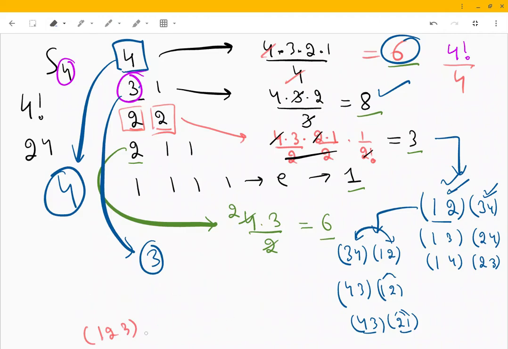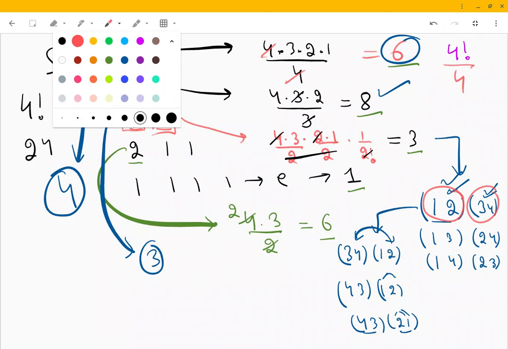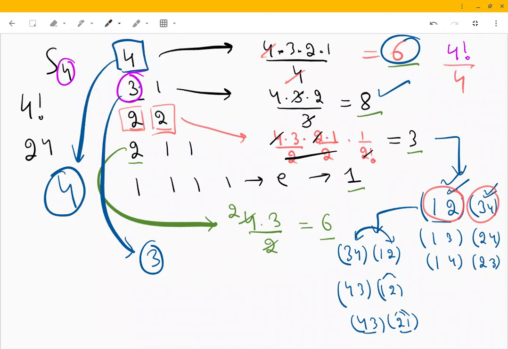Now order, these are 2 cycles, LCM of 2 and 2. LCM of 2 and 2 is 2. So this means that these are elements of order 2. 3 elements of this type of order 2. Then also look at this.